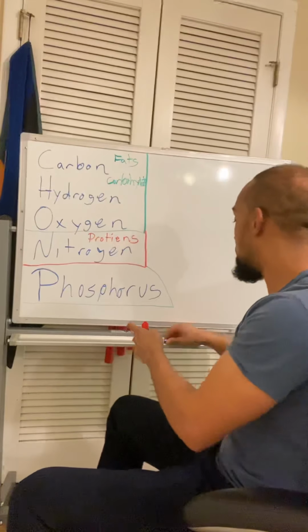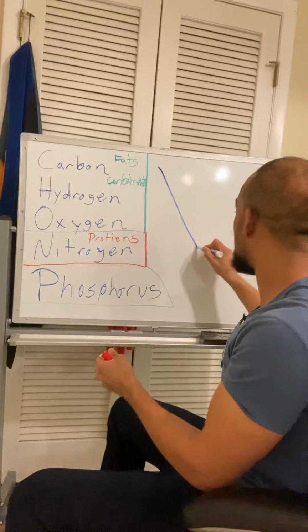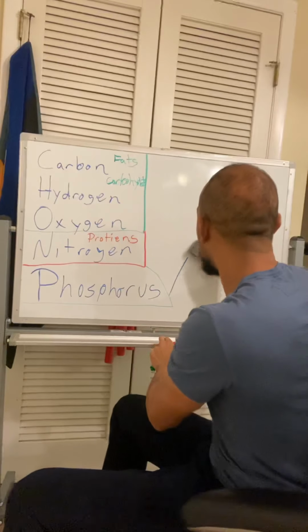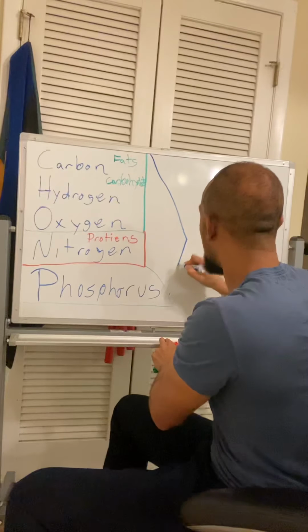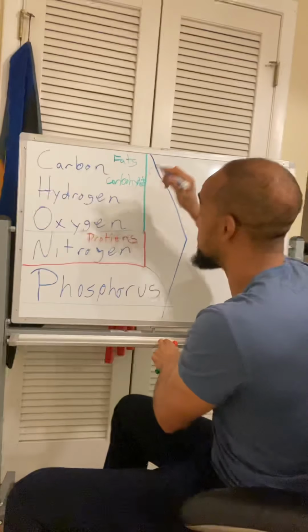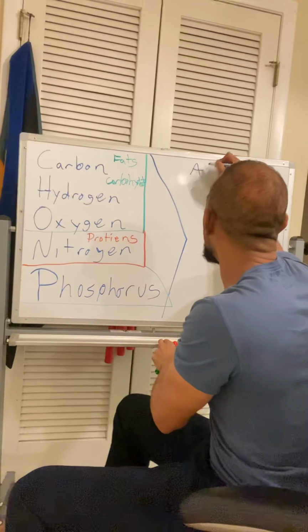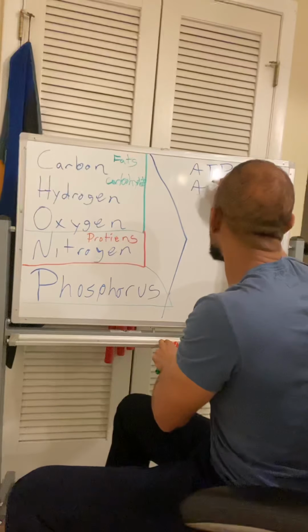So I'm gonna draw a large arrow out here to make that a little more clear. All of these combine in a certain combination, in a certain chemical formula, that makes up your ATP and ADP.